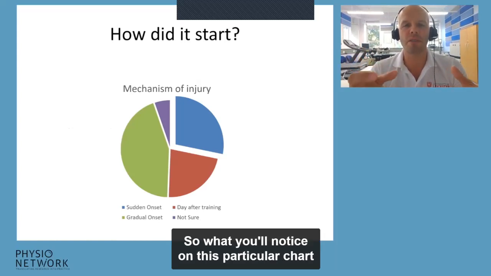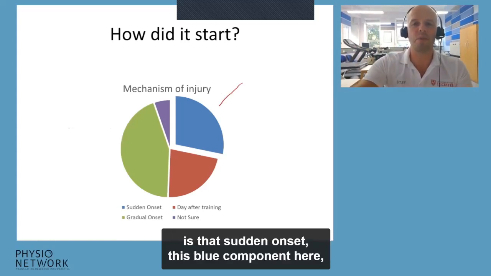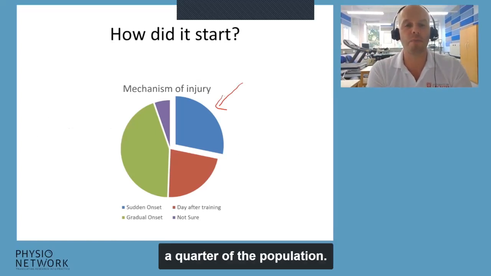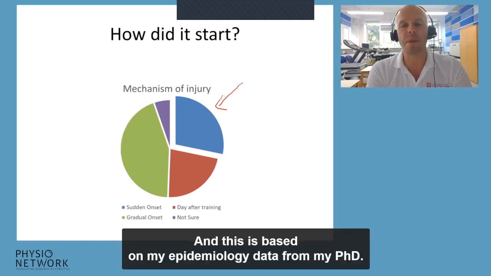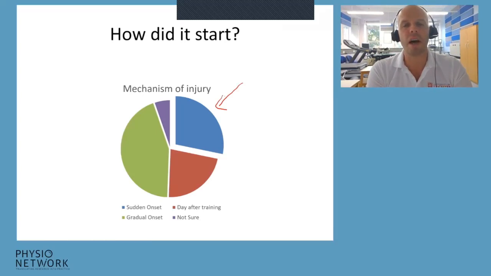So what you'll notice on this particular chart is that sudden onset, this blue component here, seems to account for around about a quarter of the population. And this is based on my epidemiology data from my PhD and is related to the Achilles.